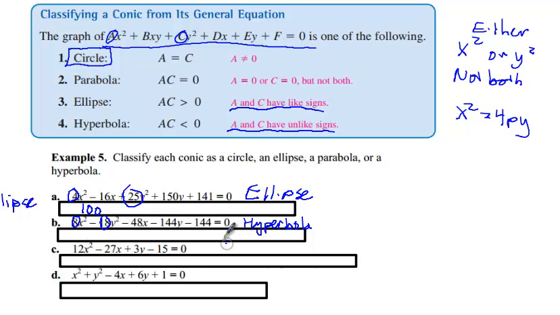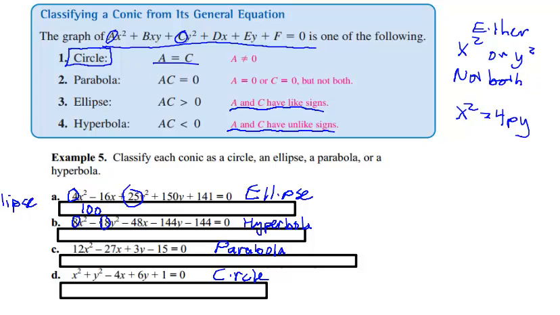This is an ellipse. No, parabola rather. In other words, C equals 0, so AC is 0. And then x squared plus y squared, these have the same coefficient of 1, so this is a circle. Because A equals C.